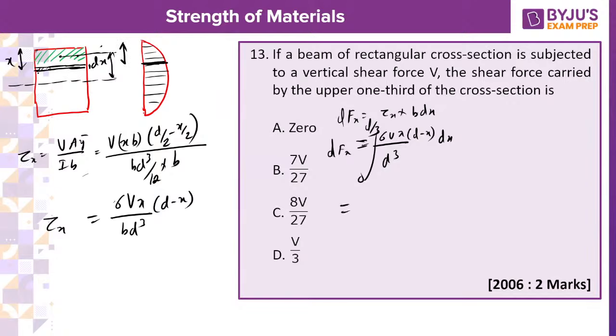Just integration you have to perform here. 6V and d cubed are all constant, take them outside, then multiply x into d minus x and integrate: xd becomes x squared by 2 times d, and it will be minus x cubed by 3. Correct? Or any mistake if I am doing, 6Vx into d minus x.